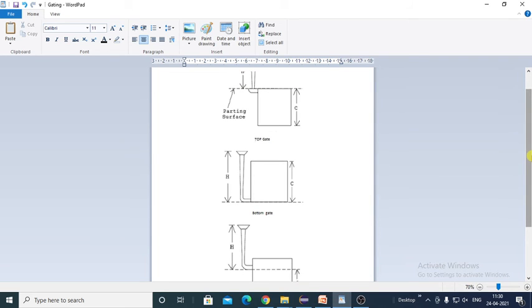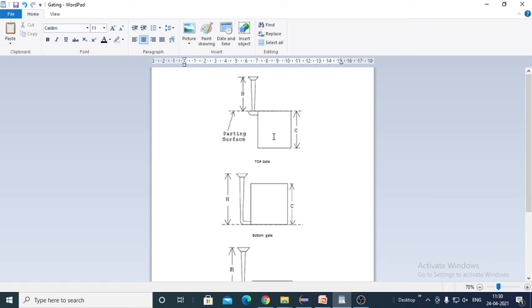In top gate, the gating system is above and it is connected to the top of the mold cavity. And in bottom gate, both mold cavity and gate exist above the parting surface. That means the gating system is connected near the bottom of the mold cavity.